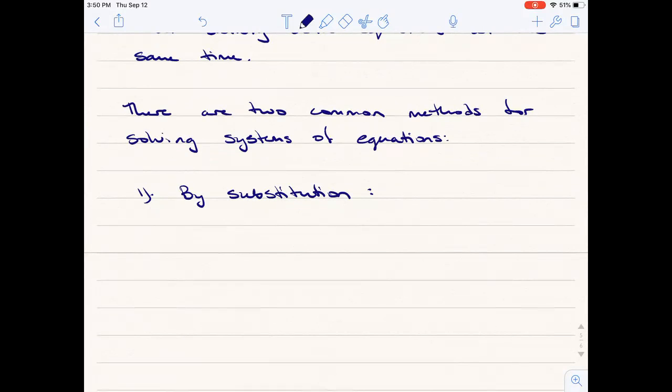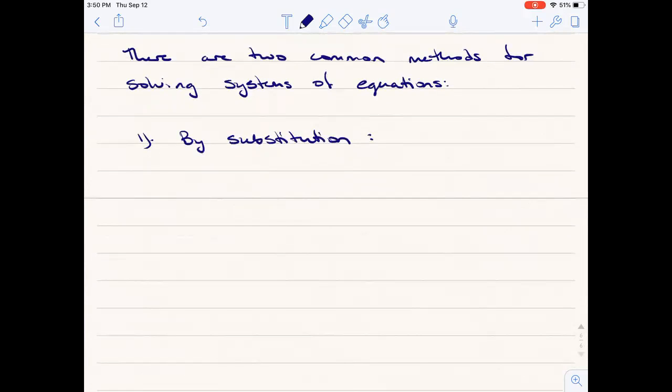Now you only have one variable that you can solve for, and then you can take that and plug it back into the one that you were working with initially. So that's by substitution. Like I said, that's my go-to way, because that's how my brain works. But I'll show you elimination as well. But first let's write this down.